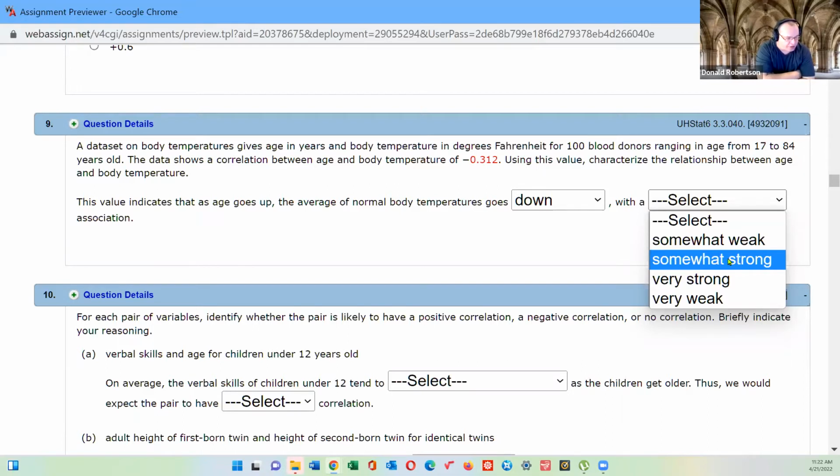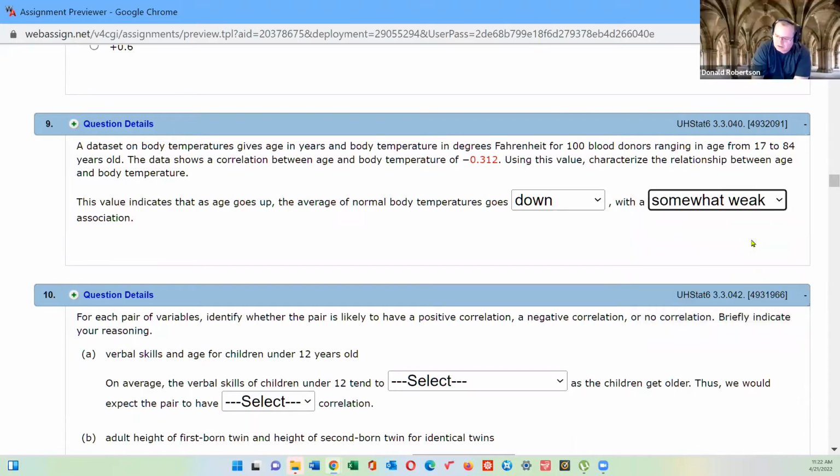Very weak or very strong. I would say somewhat weak. You want strong to be 0.8 or 0.9. If you want it to be moderate, you want it to be something like 0.6, 0.7, 0.8. And then you get to the weak ones after that.